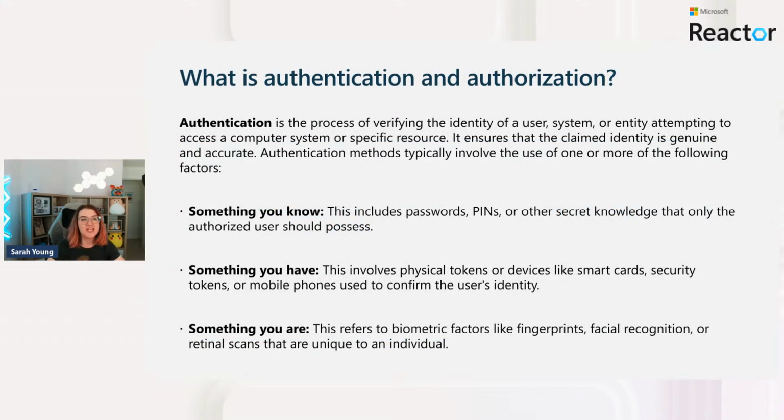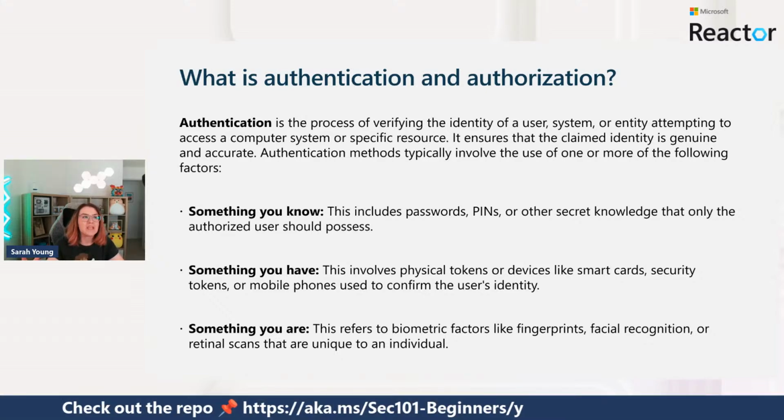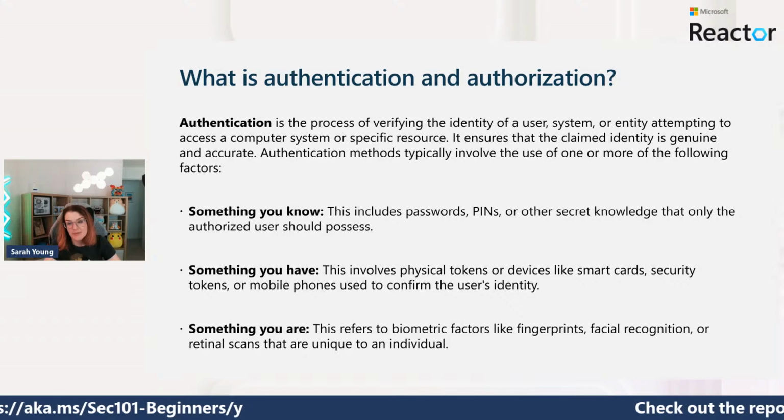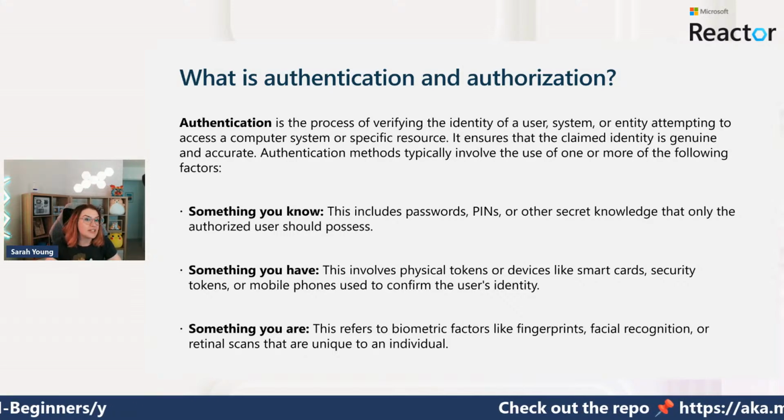So as I say, authentication is verifying who someone or something is. It's also important to remember that an identity doesn't just have to be a person. An identity can be, say, a machine. So if you've got an application that runs and has to request things within your system, that application will have an identity.